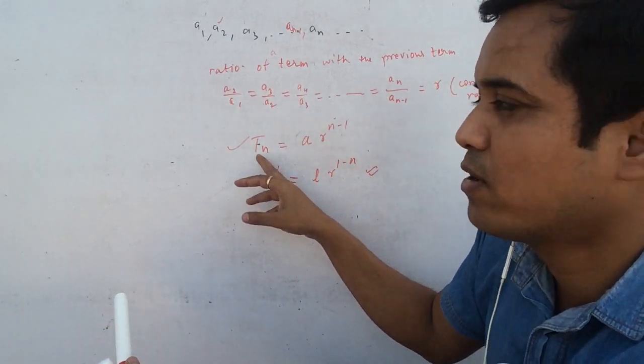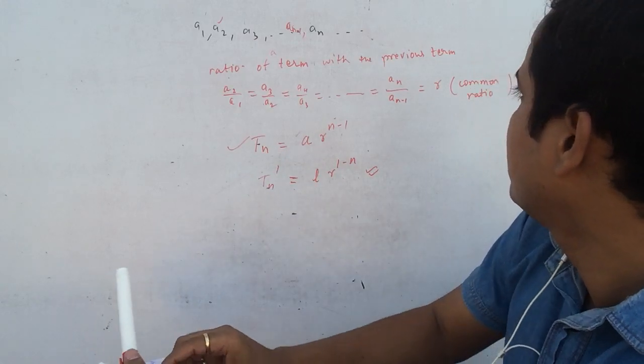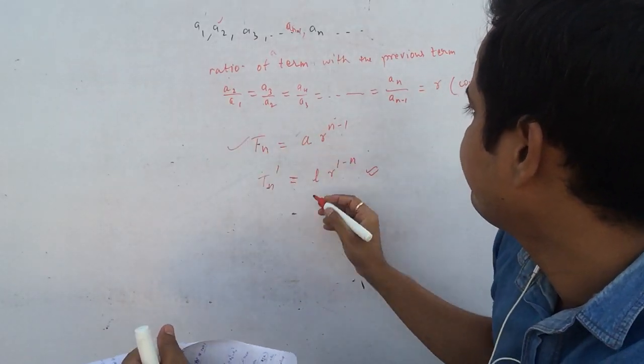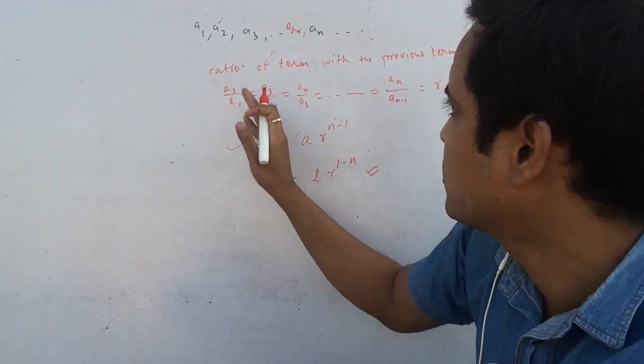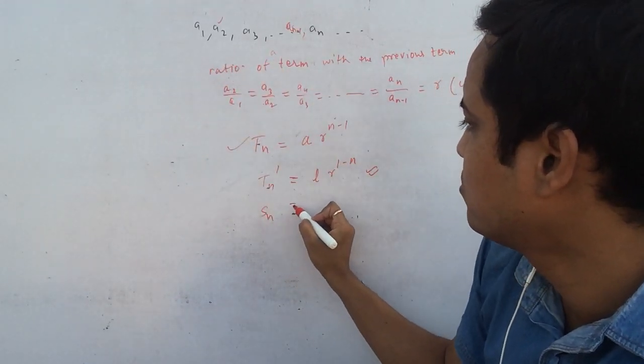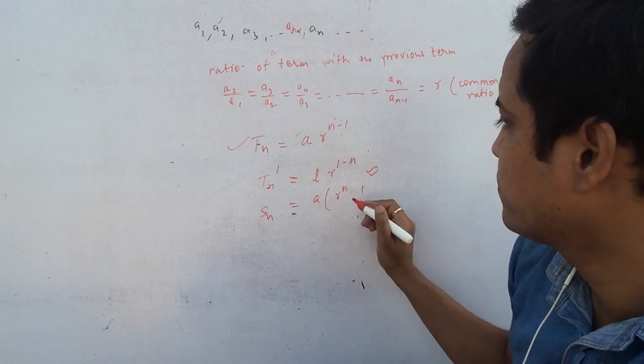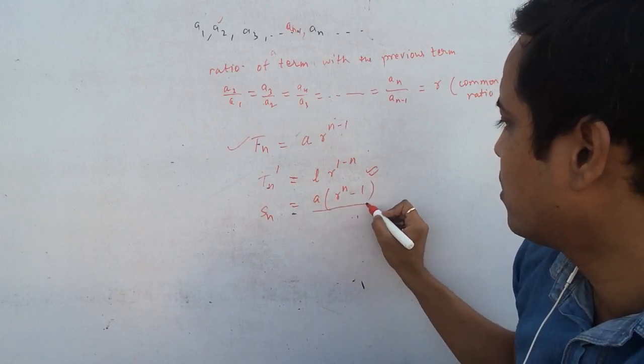All right, and what next? The sum of the first n terms, Sn equals a into r raised to power n minus 1 upon r minus 1.